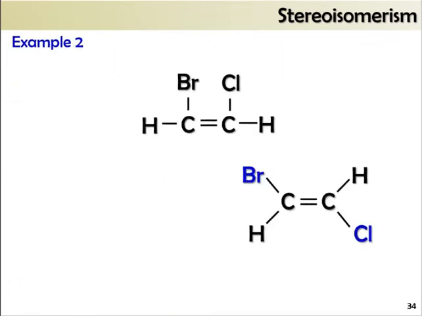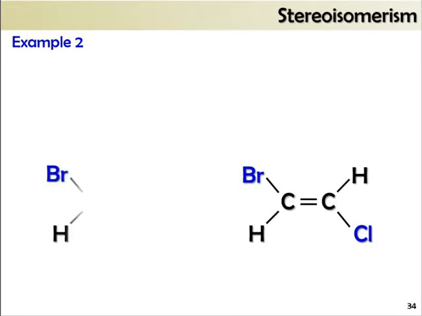And then another example for carbon-carbon double bond. They have same structural formula and same molecular formula, of course, but then differ in the arrangement of the atoms. Here Br in the same side and then Br and Cl in opposite side.